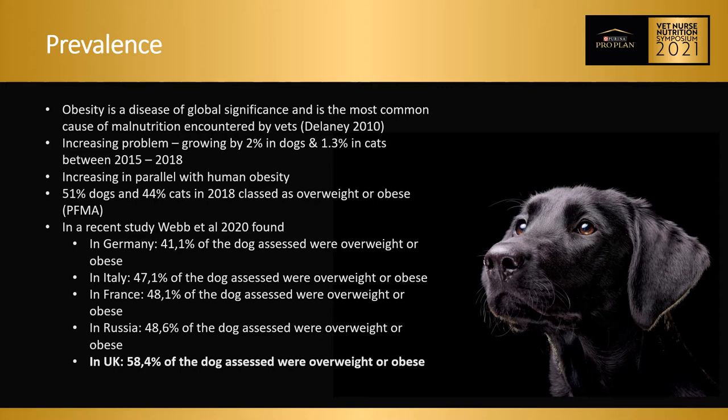I think that these numbers are pretty shocking, and therefore we can agree that looking at prevention is just as important as managing these dogs and cats that are overweight. We do have a part to play in preventing this happening and stopping them becoming obese in the first place.